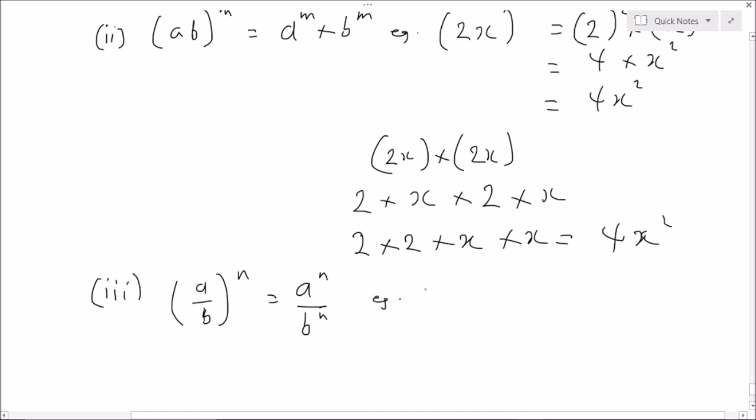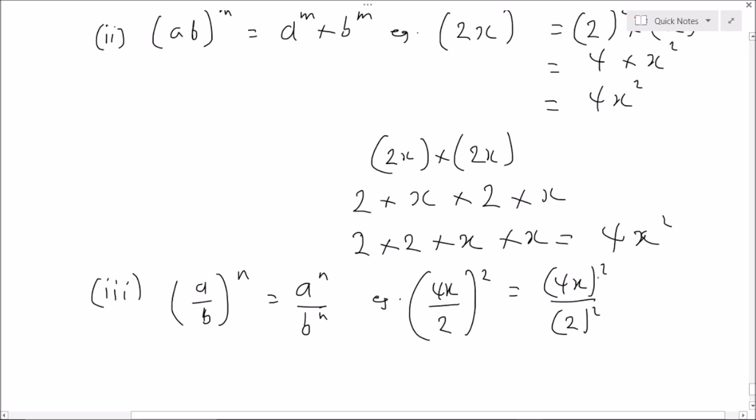So for example, if we have (4s over 2) all squared, you will say this is the same as (4s) squared over 2 squared.